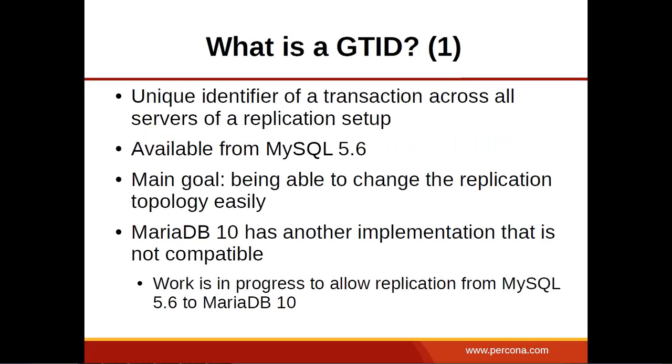What makes it different from a binlog file and position is that this identifier is unique for all the servers in a given replication setup. So if you have a transaction with ID 1 on the master, it's exactly the same ID on slave 1, slave 2, slave n, and so on, no matter how complex the replication topology is.